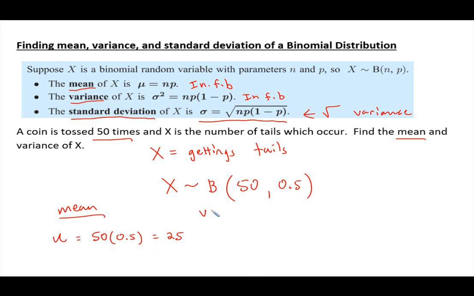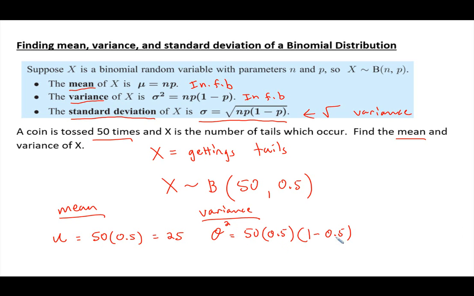If we need to find the variance, that's just, so variance is equal to n times p times 1 minus p. So we know, I'll write again, n times p, 0.5, times 1 minus p, which is 0.5.